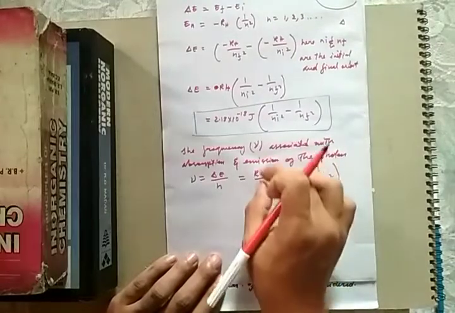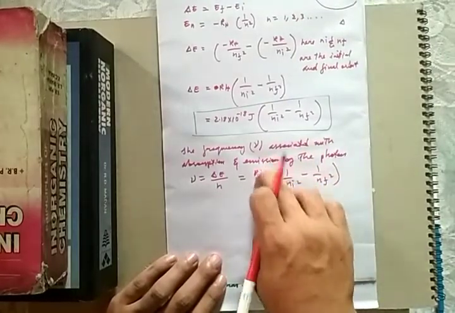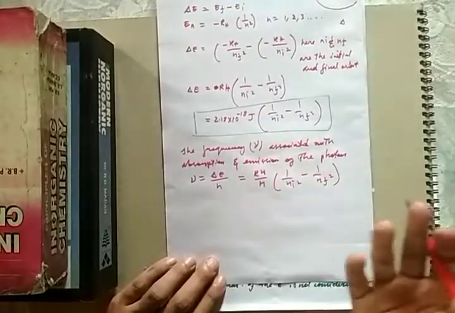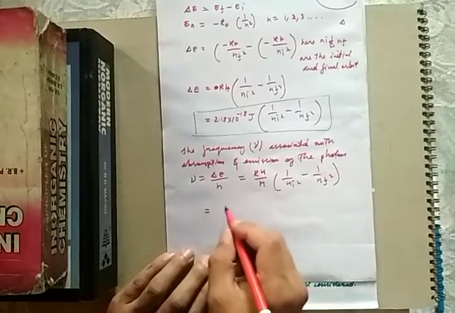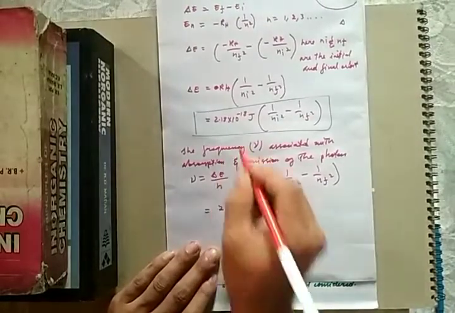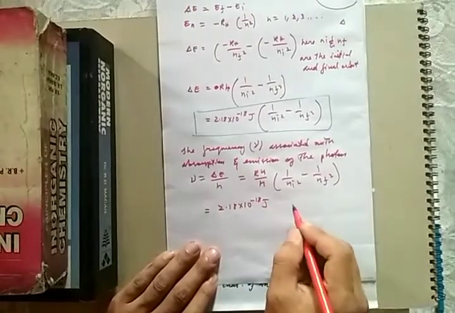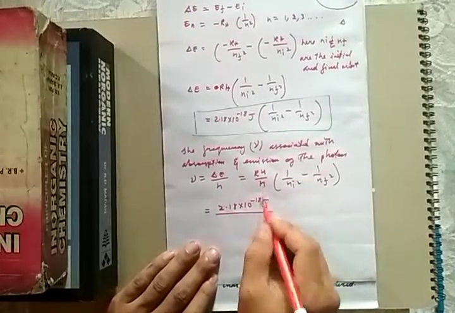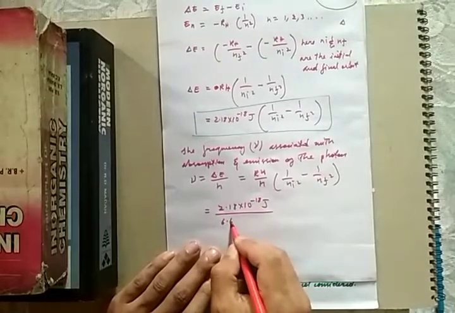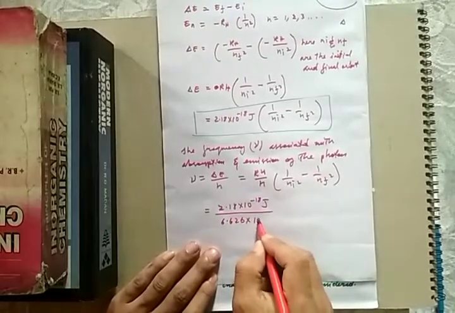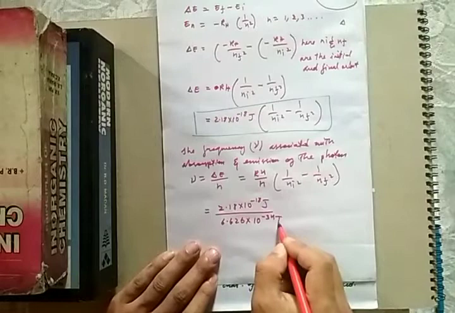We put the value of RH, 2.18 into 10 to the power minus 18 joule, and the Planck constant, 6.626 into 10 to the power minus 34 joule second.